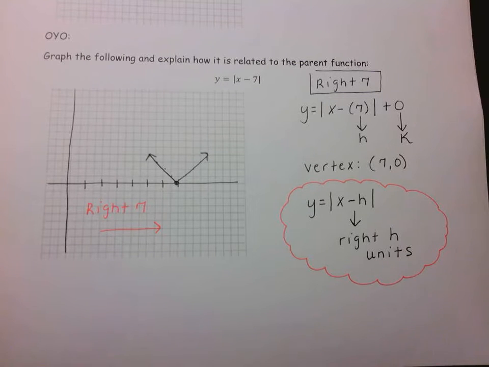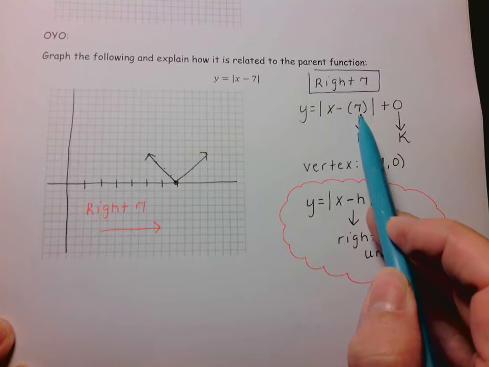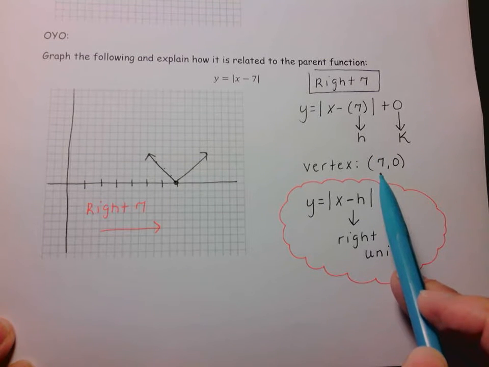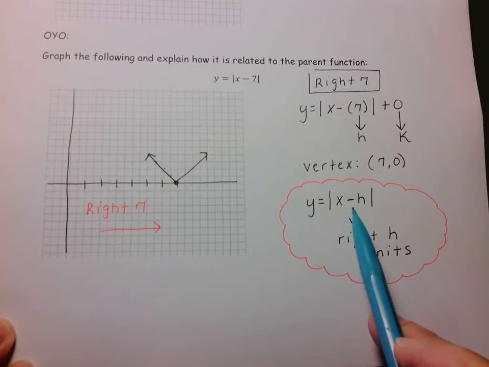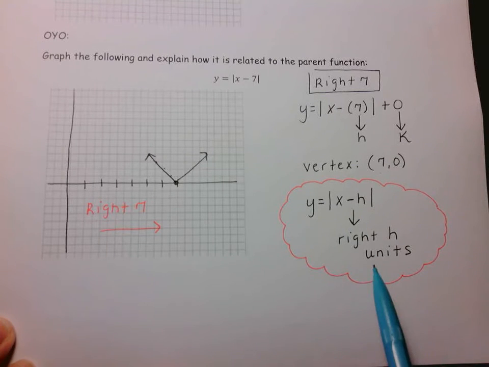My vertex is going to be at 7, 0. Because this is x minus 7, so it's x minus h, so h is 7. So whenever I have a minus h inside the absolute value bars, what does that mean? It's shifting to the right h units.